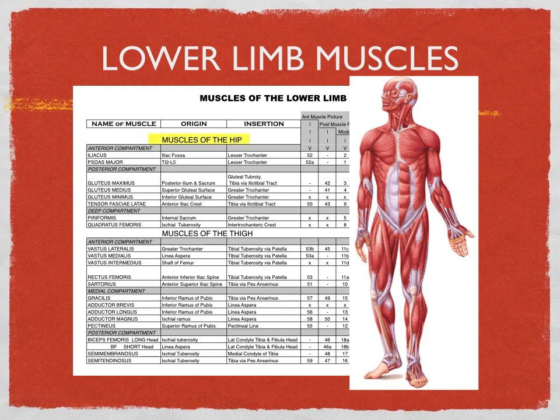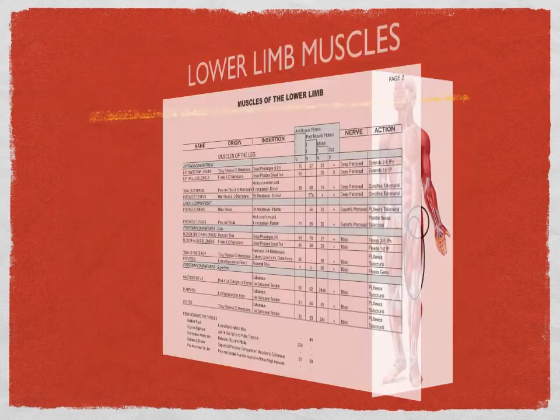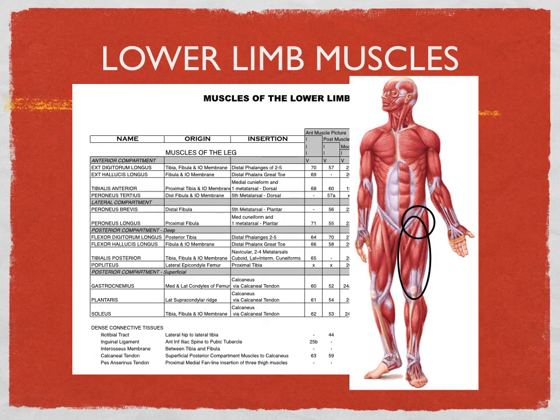There are the muscles of the hip, and those are here. There are a group of muscles in the thigh, here. There are, on the back of your handout, muscles in the leg. And there are also muscles in the foot of the lower limb. But for the sake of time and effort, I have decided to eliminate those muscles.